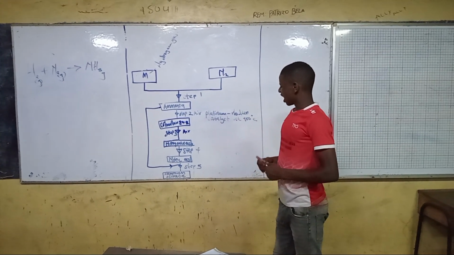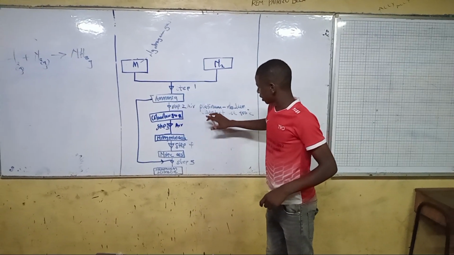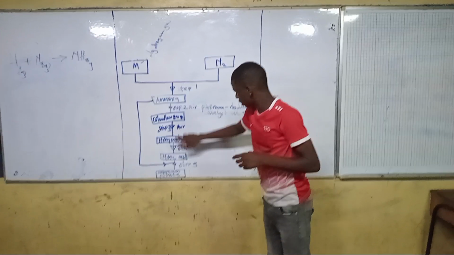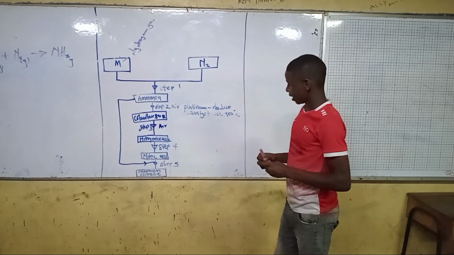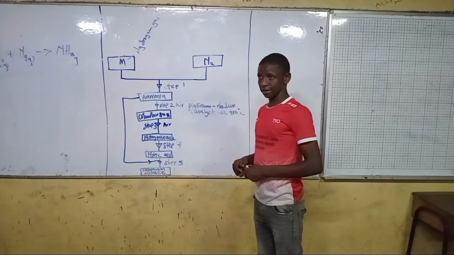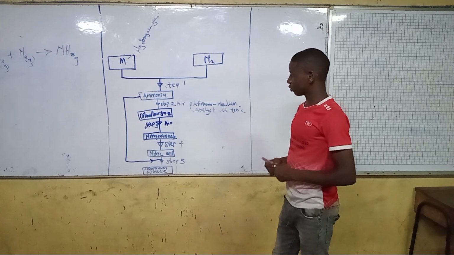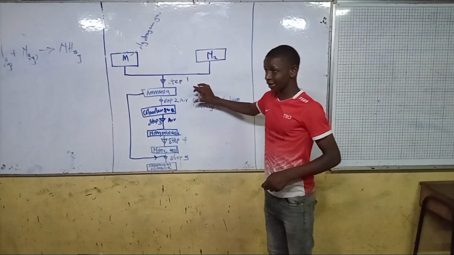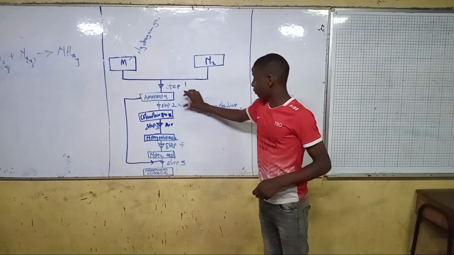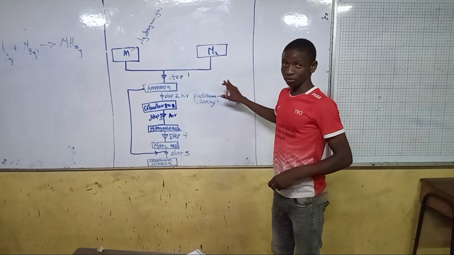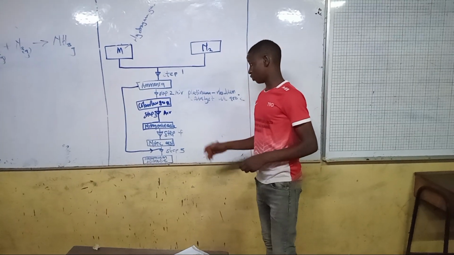So in step 2, we can see that ammonia is reacted to form a colorless gas. Now, we were told that air, which is oxygen, was added in excess with a catalyst of platinum rhodium. So, oxygen which was added in excess was to ensure conversion of ammonia to nitrogen 2 oxide, which is further converted to nitrogen 4 oxide.